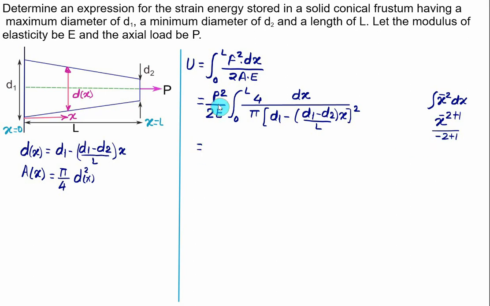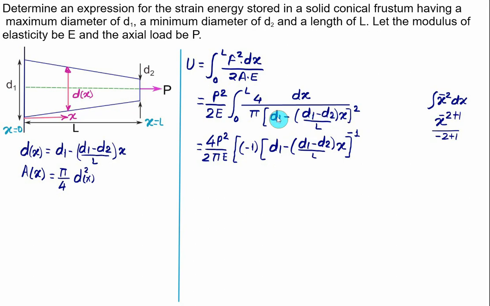Let's first take out the common term. 4 is common here, so we have 4 times P square divided by 2 times pi times Young's modulus E divided by minus 1, so we'll write here minus 1. 4 pi already taken common. Then we have the derivative of this term will be x to the power minus 1. So we have to write this term as d1 minus (d1 minus d2) divided by L multiplied by x, and the power of this term is minus 1, further divided by the derivative of this term.